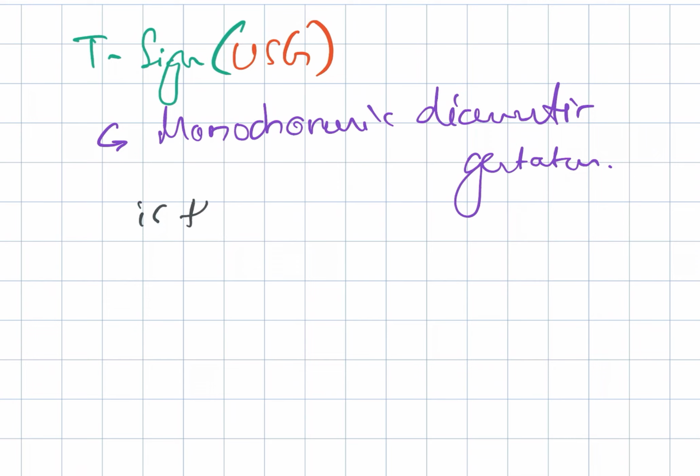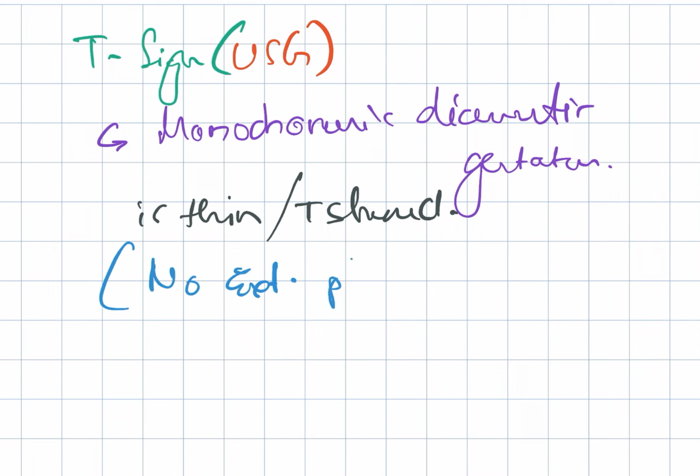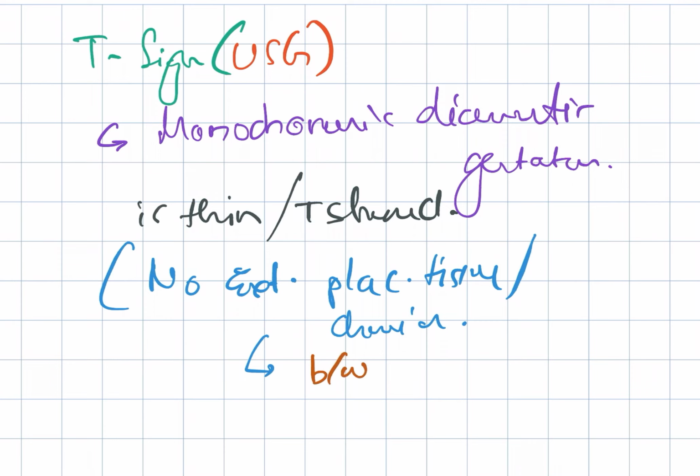It is thin and T-shaped. There is no extension of placental tissue or chorion in between the amniotic membrane.